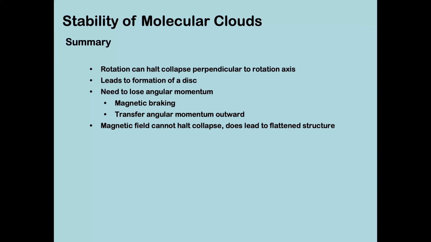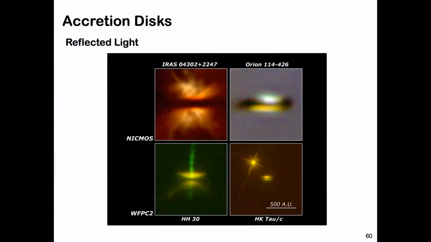Magnetic fields cannot halt the collapse, but they also lead to flattened structure. Again, we need to lose the magnetic flux, otherwise we get too high values of magnetic flux toward the center that are not seen. For this, we need ambipolar diffusion, so this slippage of neutrals through ions that are stuck on the magnetic field lines. And then finally, we form our disks.